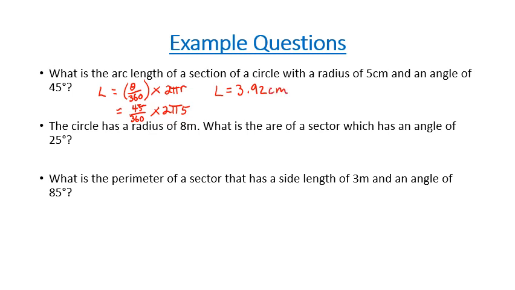In our second question, it says a circle has a radius of 8 meters. What is the area of a sector? Whoops, I need to rewrite this. Apologies for the typo. The area of a sector which has an angle of 25 degrees. So remember that the area is our theta over 360 multiplied by pi r squared. In this particular case, our theta is 25 over 360 multiplied by pi 8 squared.